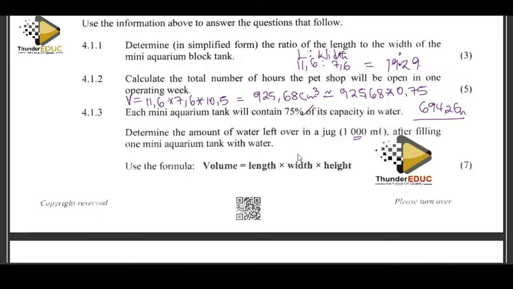This is the water that will be put in the aquarium. They're asking what will be left over, so we get 1,000 minus 690,94 mils, and when you subtract, the answer becomes 309,06 milliliters.